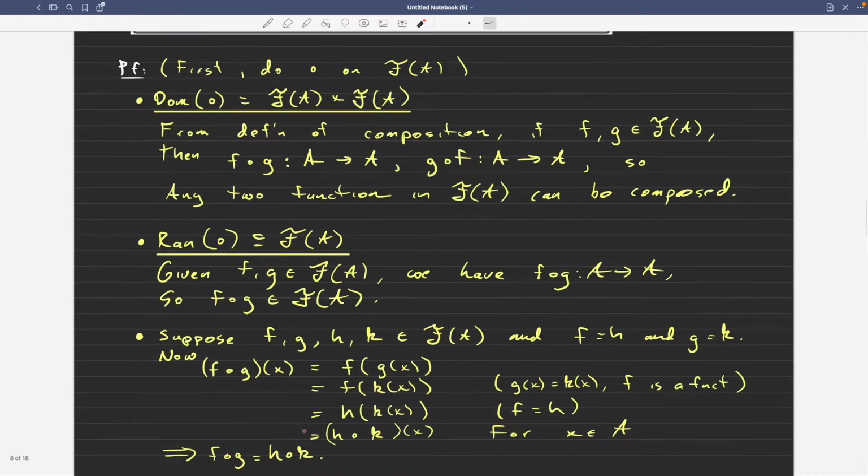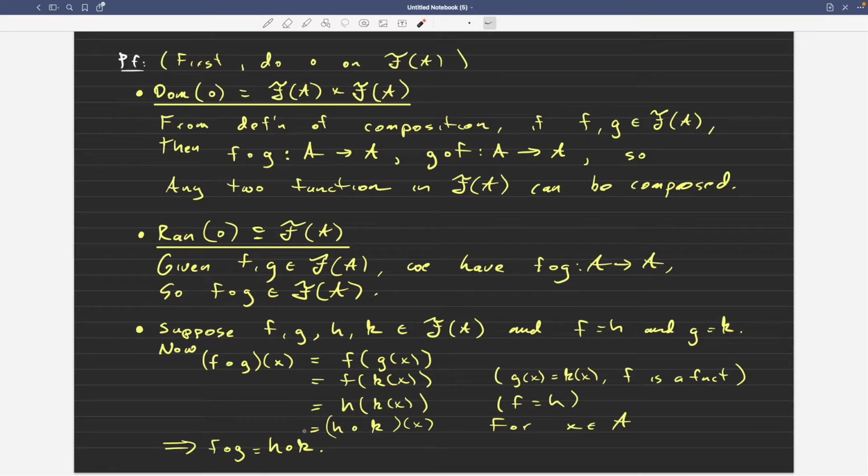Now that we know this is true for all of F of A, that's just all of the functions on A, the only thing to do is to do it for S of A, that's the permutations. Well, the permutations are just bijections, right? So if you go back through and you think about all this, if you compose two bijections, you get a bijection, because we had a theorem back when we were doing compositions in the chapter on functions that said the composition of two bijections is a bijection.